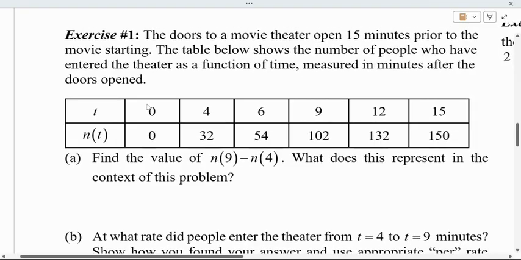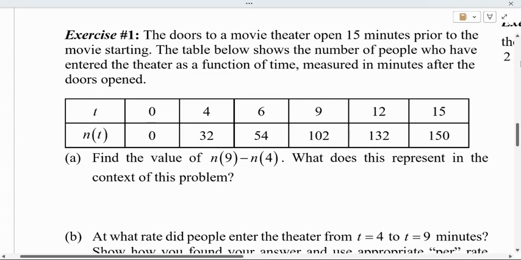So the doors to a movie theater open 15 minutes prior to the movie starting. The table below shows the number of people who have entered the theater as a function of time measured in minutes.